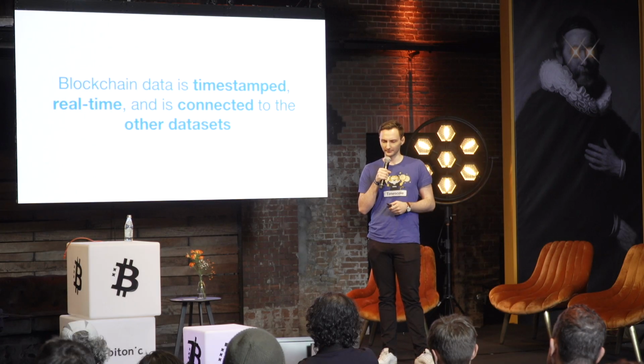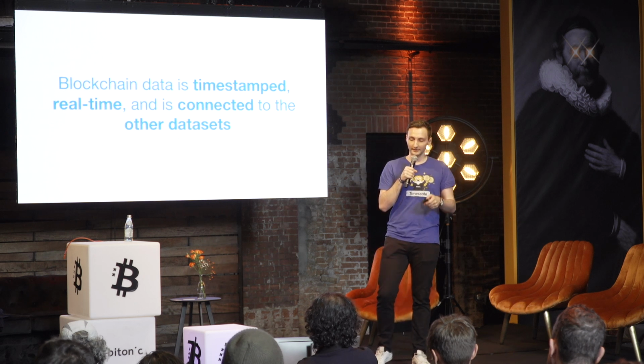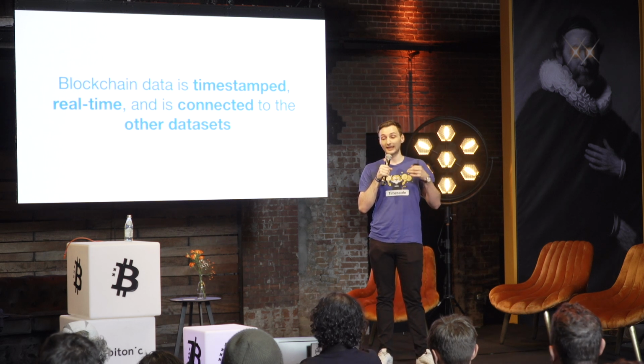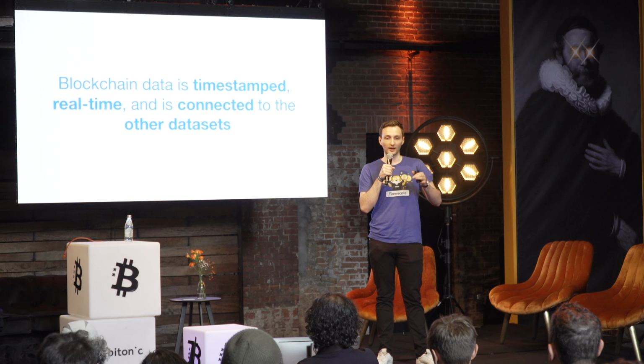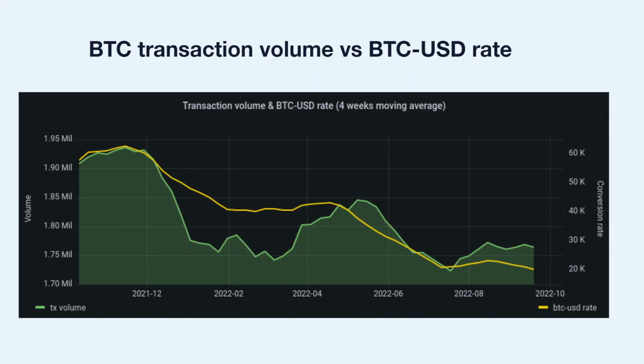And finally, blockchain data is connected to other data sets. What I mean by that is that blockchain data can be joined with other data sets, like, for example, in the chart where I combined the transaction data set, the on-chain data set, with a cryptocurrency data set. And you can do this with mining metrics.